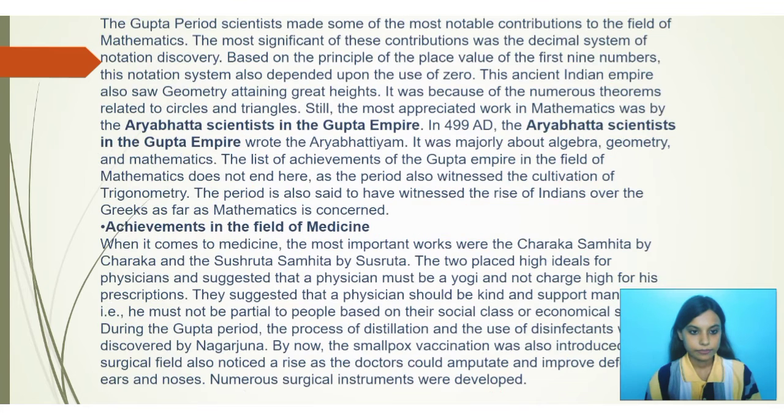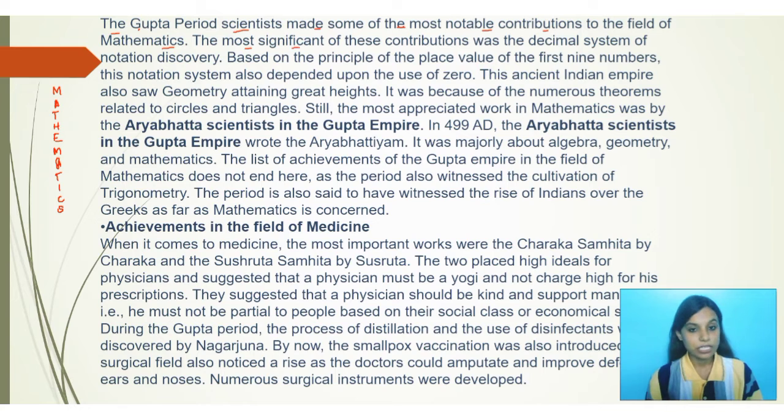Yes, next. Now we are going to talk about the mathematics part, the contributions in the field of mathematics. The Gupta period scientists made some of the most notable contributions to the field of mathematics.